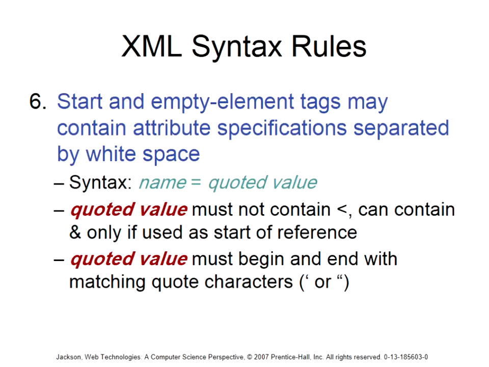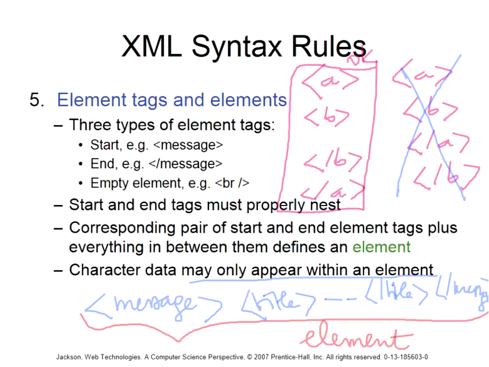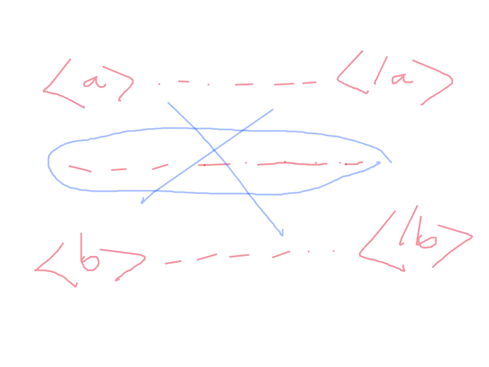So this is incorrect. So the third rule, character data may only appear within an element. Any questions about rule number 5?